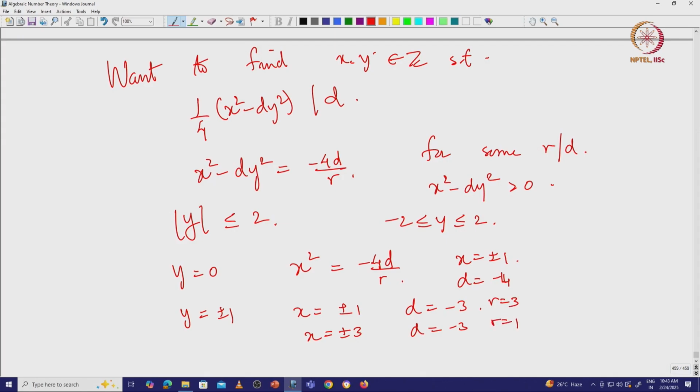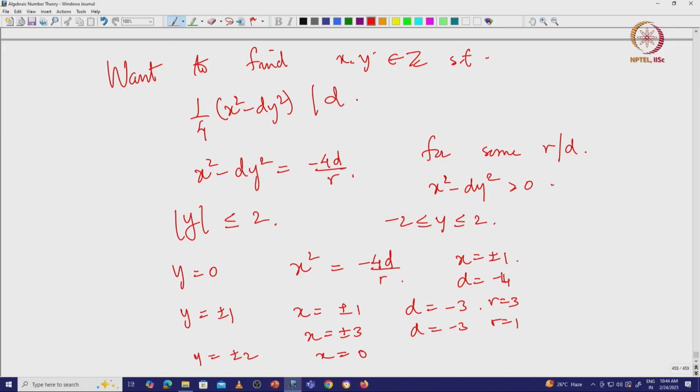Or you could have y is equal to plus minus 2, in which case x is equal to 0, because again otherwise you can't have x squared minus dy squared equal to 4d by r, and in this case d can be whatever it can be, right.